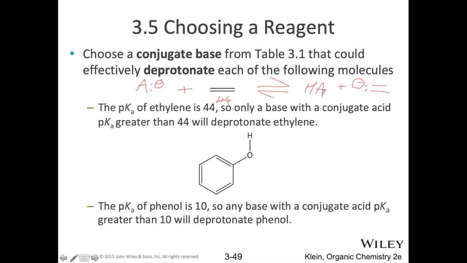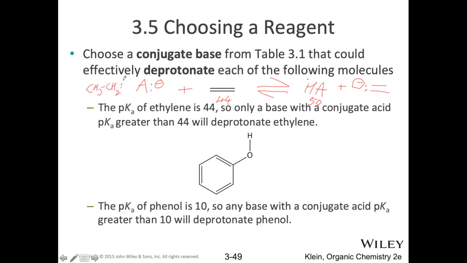Well, if this is an alkane, that would have a pKa of 50, right? So for that, we need the deprotonated version of an alkane, right? So an alkanide ion. And basically, if this is, for example, ethane, we would need CH3CH2 with a lone pair.